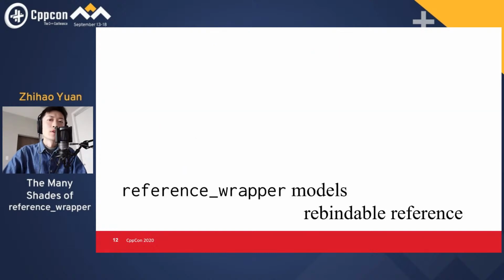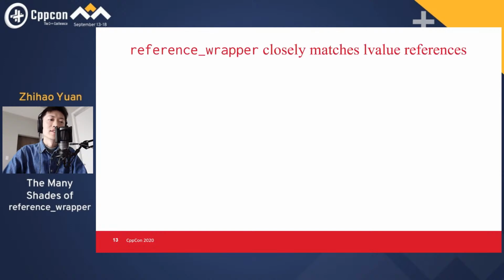So reference_wrapper models rebindable references. However, it is a standard library utility. It's not something built into the language. But we put lots of thought in making it closely match the language lvalue references' semantics.